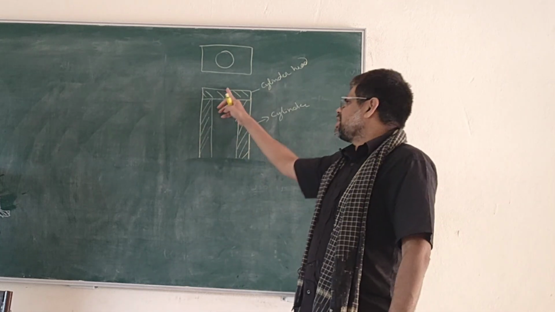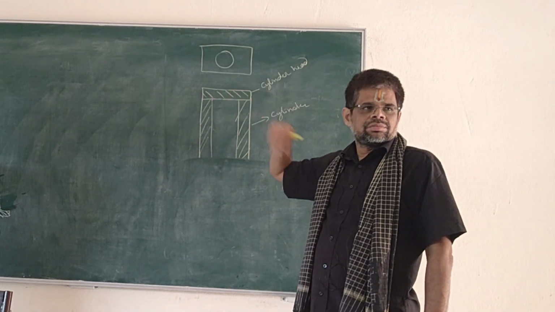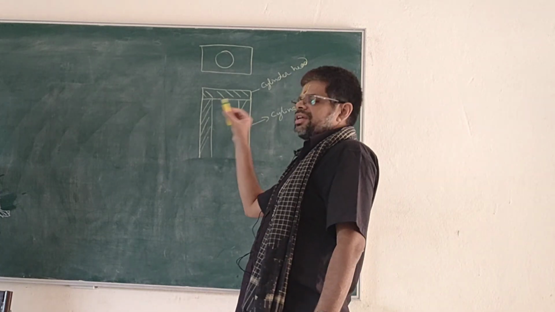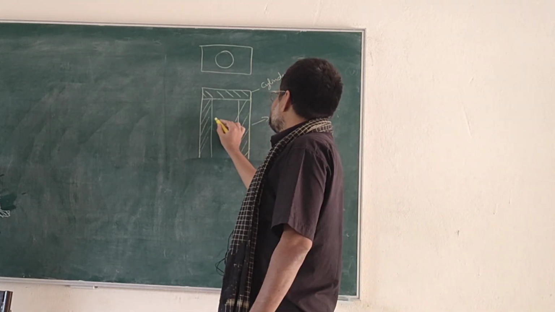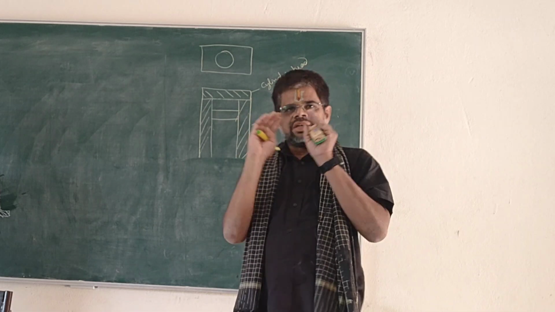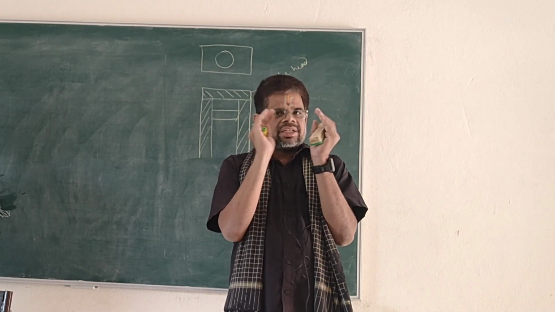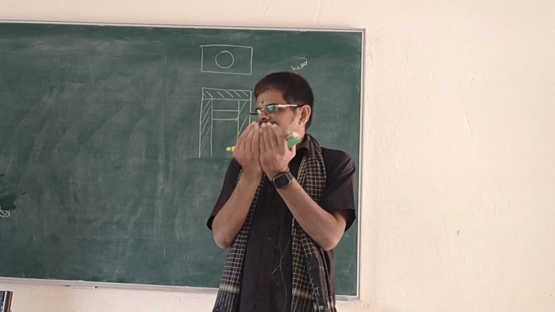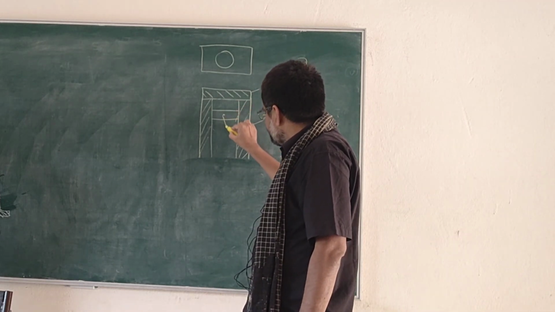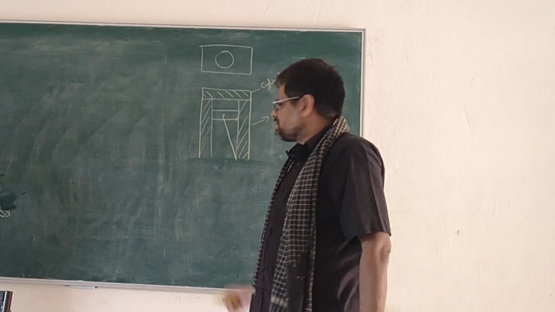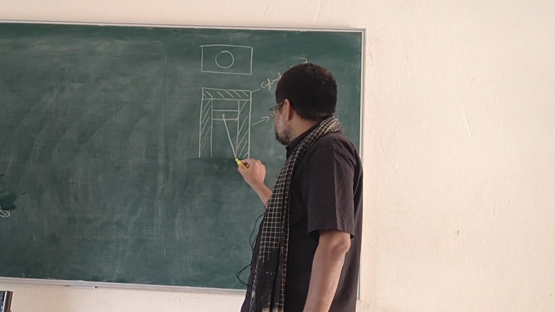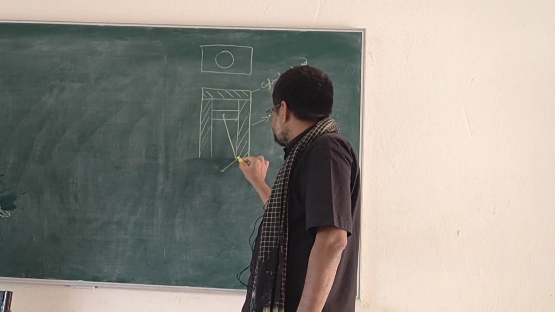Now this cylinder head covers the hole so that it is closed from the top. And now in this cylindrical hole there is a cylindrical piston. So this is a piston like this. This piston is connected to a connecting rod, and in turn this connecting rod is connected to the crank.